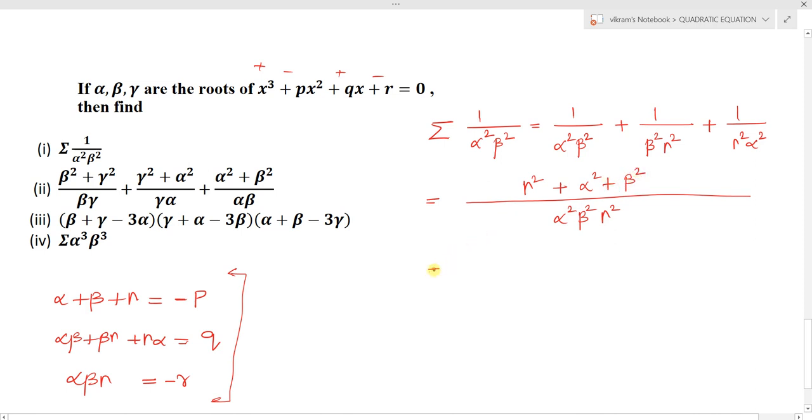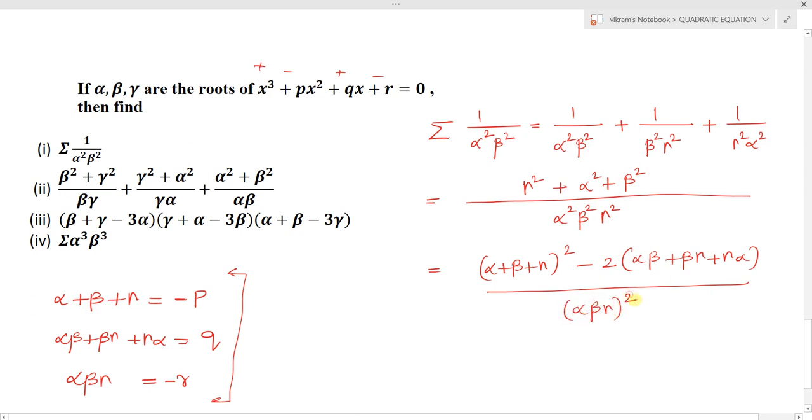Which is in the form a square plus b square plus c square, and can be written as a plus b plus c whole square minus 2 times ab plus bc plus ca, by the denominator alpha beta gamma whole square.